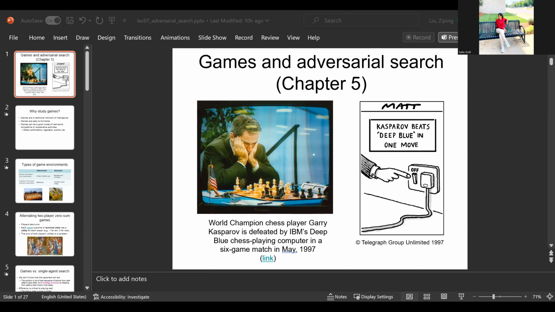So that's why this branch will be beta pruned. This makes sense? Yeah, okay.